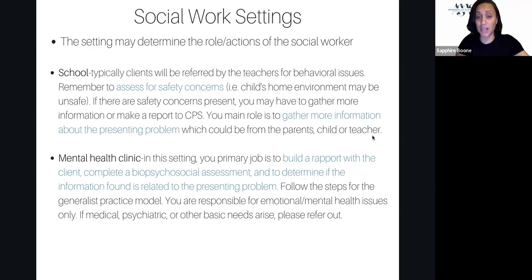Other ways to gather information, you may need to refer the client for further testing or some more assessments. You may need to observe the child, especially if it's a behavior issue. You may just want to observe the child's behavior yourself. And then, of course, we love a meeting. Social workers love a meeting. And so you just want to make sure you have done some type of gathering of information before you pull all of the partners together.